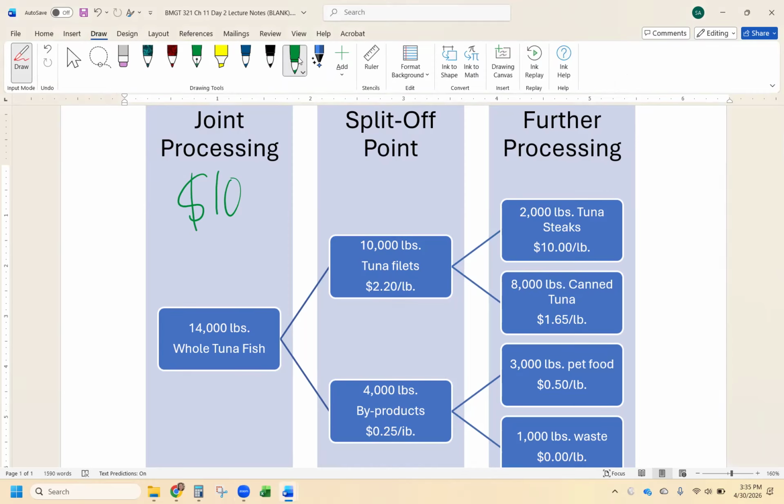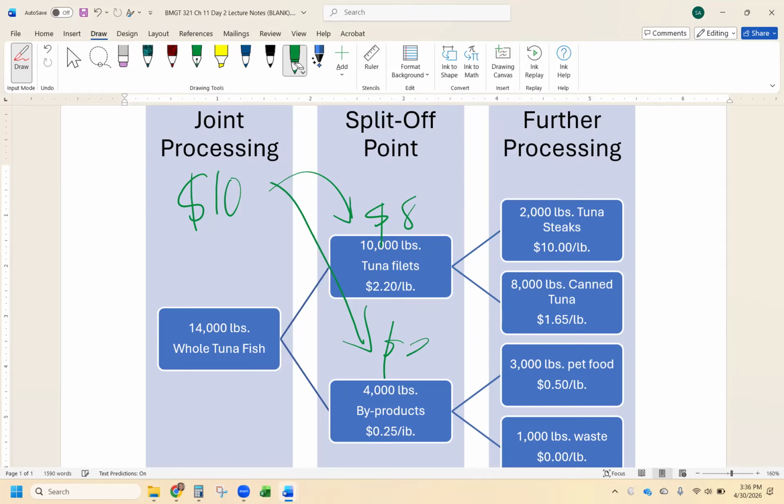We would do like maybe based on the number of pounds that we produced, we'd say, okay, so 10 out of 14, like the fraction 10/14 of the $10 goes to the tuna fillets, and 4/14 of the cost goes to the byproducts. So we could split the cost between the two different products. So this one maybe would get $8, and then the other one maybe would get $2.